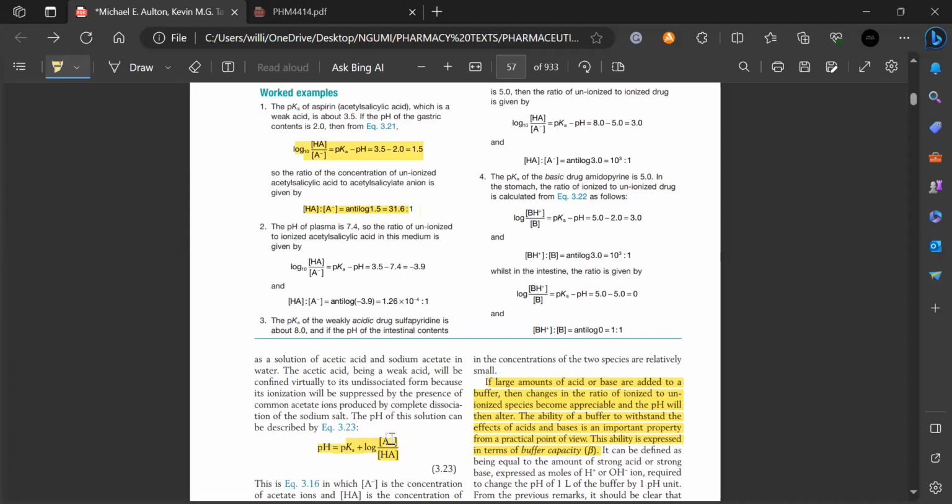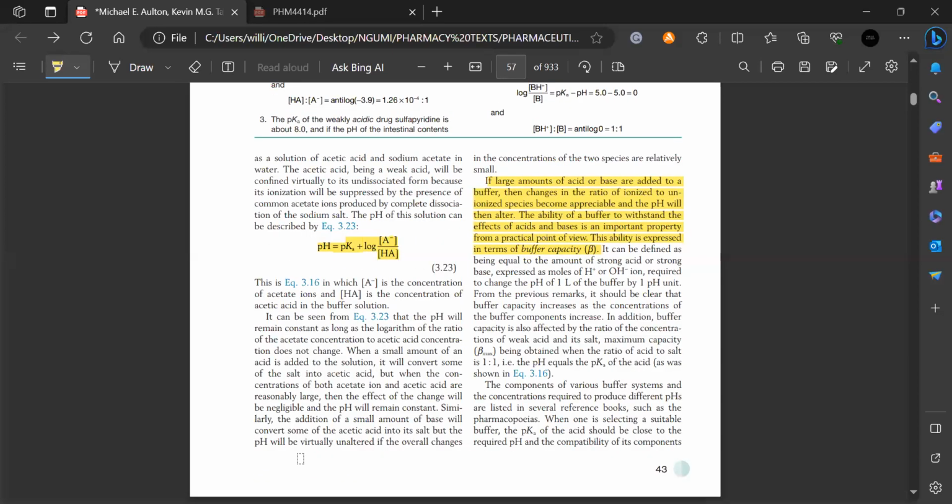So we'll take pH to the other side, we'll take log to the other side. Instead of doing the log minus log A minus over HA, we can just find the reciprocal. So log HA over A is equal to pKa minus pH. So just remember, instead of putting minus, you can always just find the reciprocal of our log.